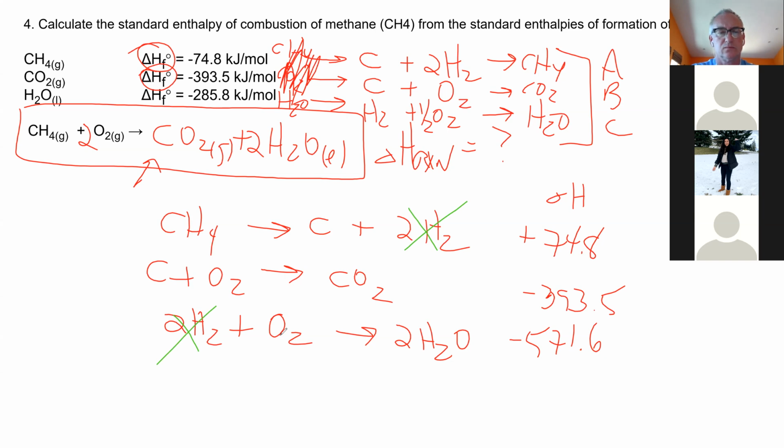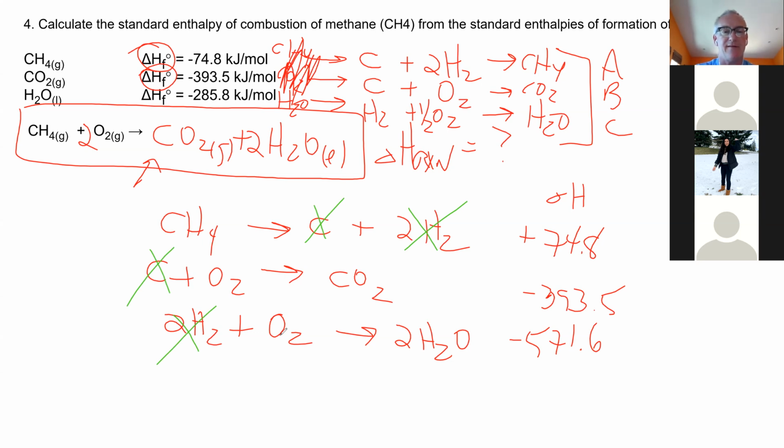What else? Oh wait, no, sorry. Nope, there's something else we need to cancel. The carbons. The carbons, yes. I have a mole of solid carbon here and a mole of solid carbon there, so I want to eliminate them.